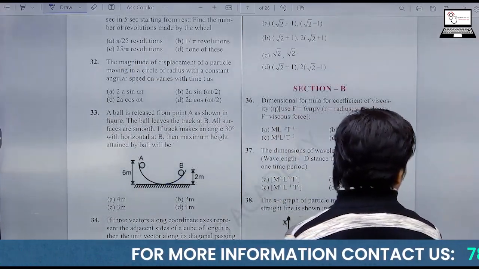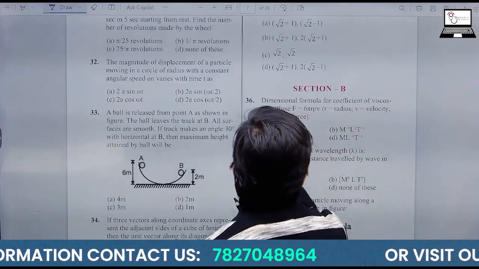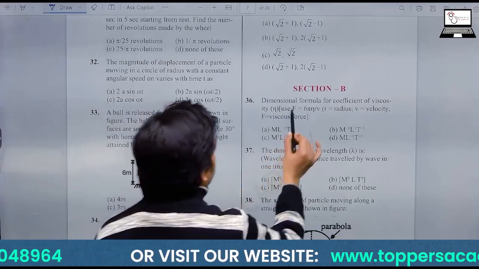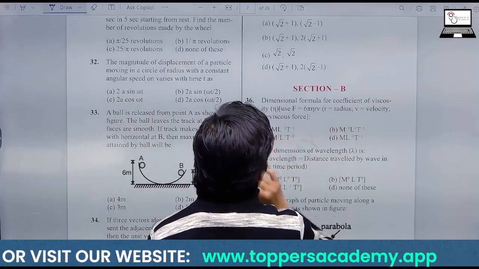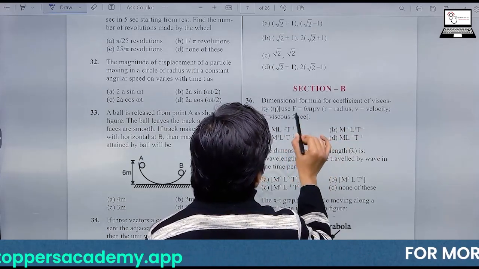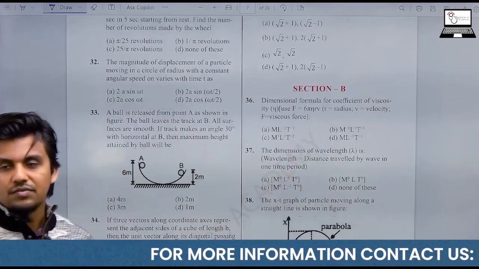Now come to question number 36. Dimensional formula for coefficient of viscosity. If we use the formula F equal to 6 pi eta RV, then what will that be? That is a very simple question.